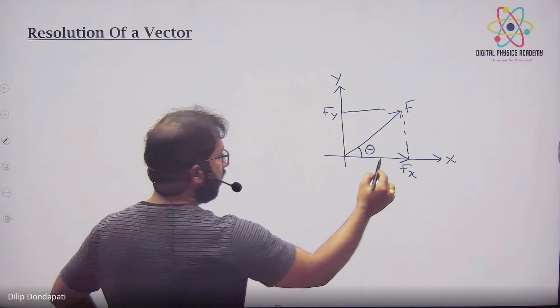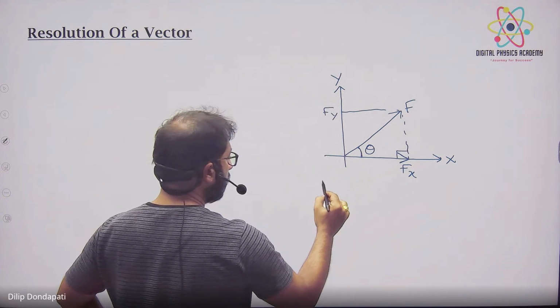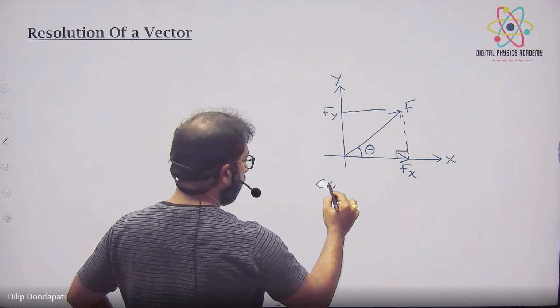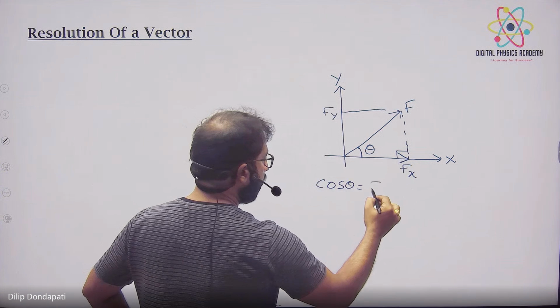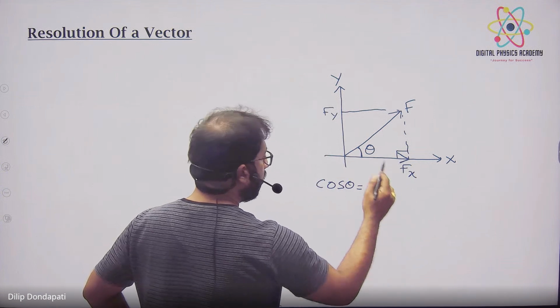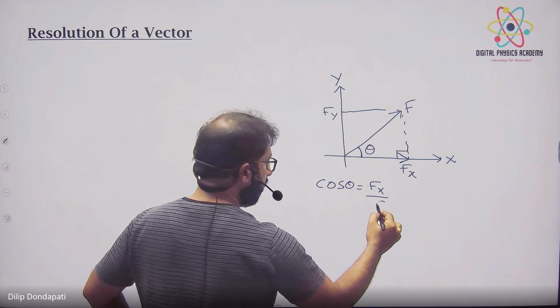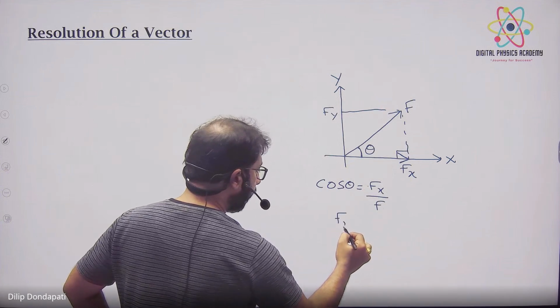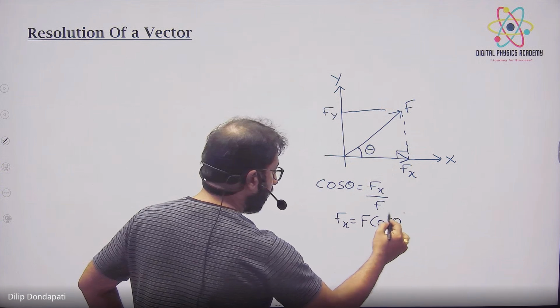Use trigonometry and tell me, what is cos theta? Cos theta is Fx by F, because adjacent by hypotenuse. So Fx is F cos theta. You got the component in the x direction.